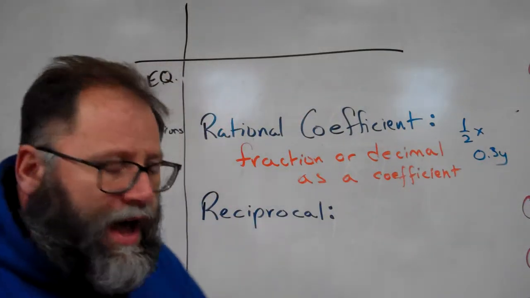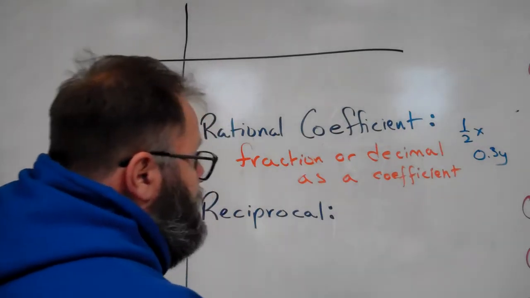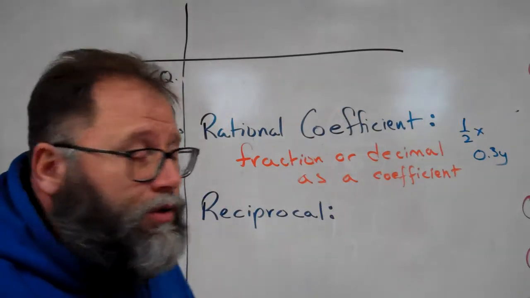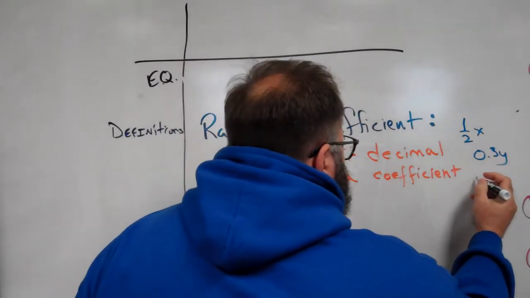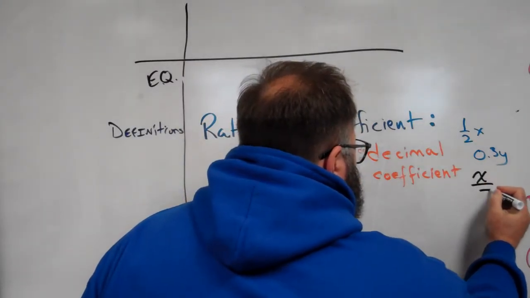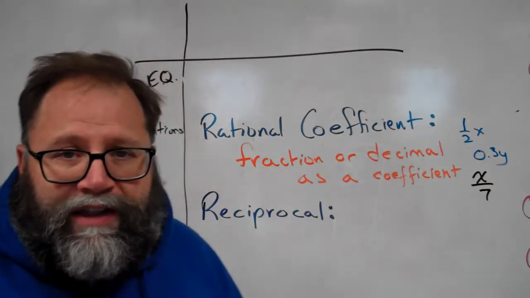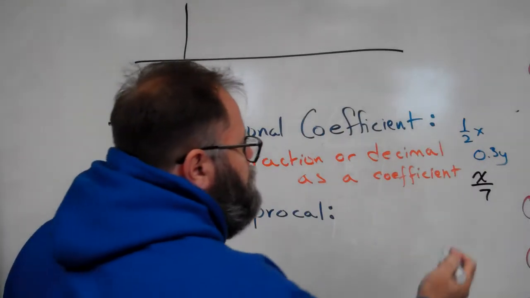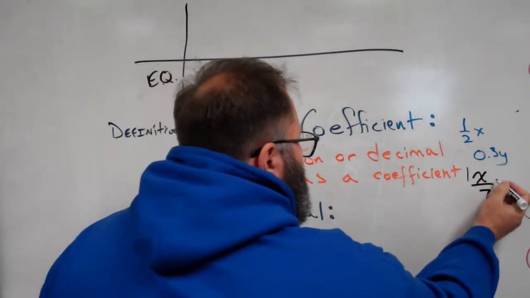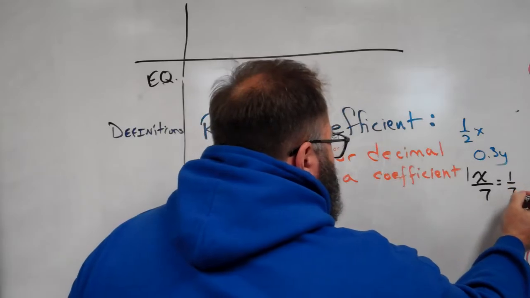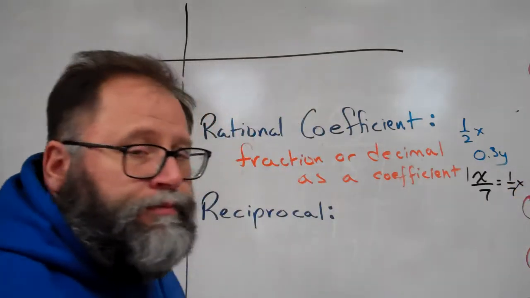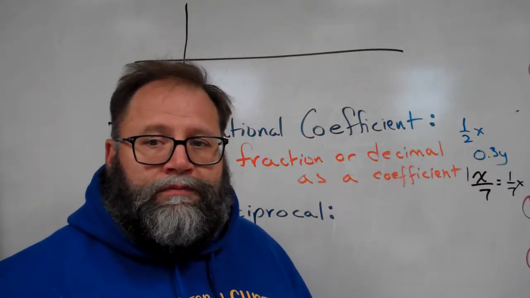And every once in a while, you'll see something like this. We'll do a problem like this too. You'll see like x over 7. And that's just saying we didn't write the 1, right? That's the same as 1/7 x. Be careful, you're getting off the screen.